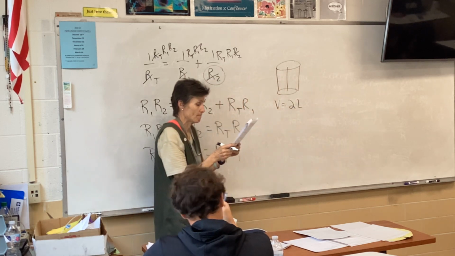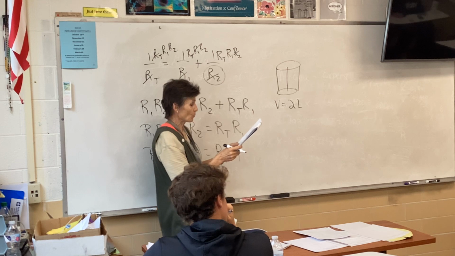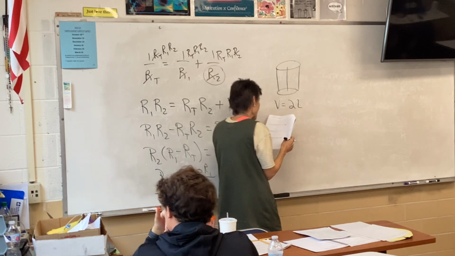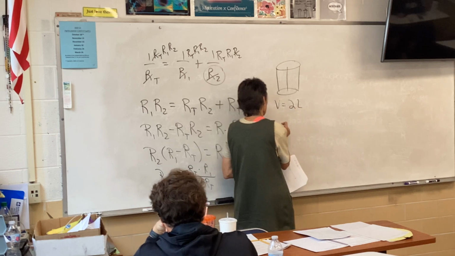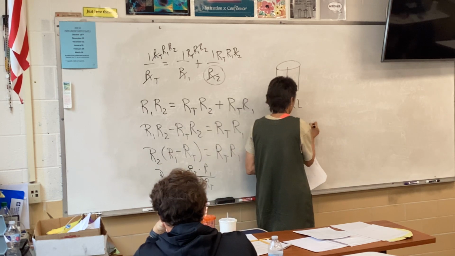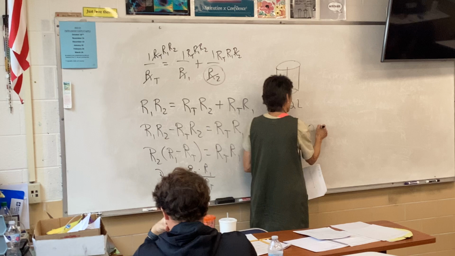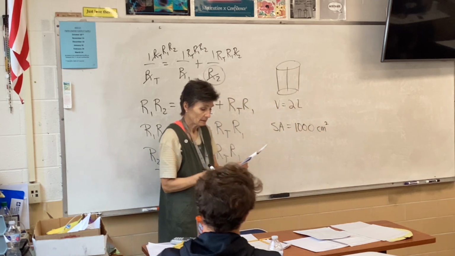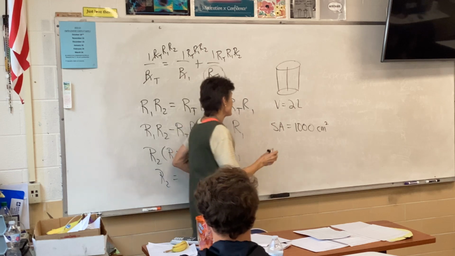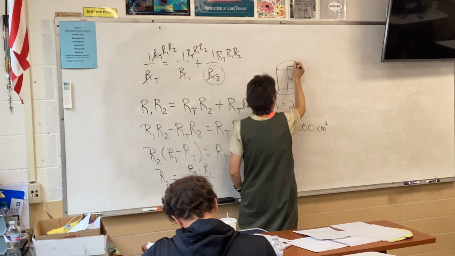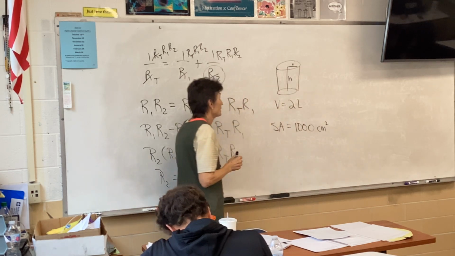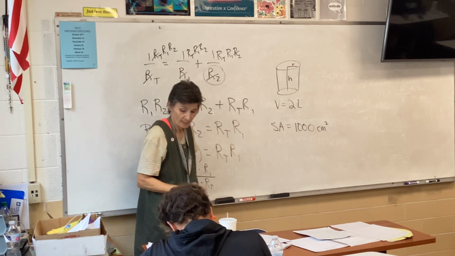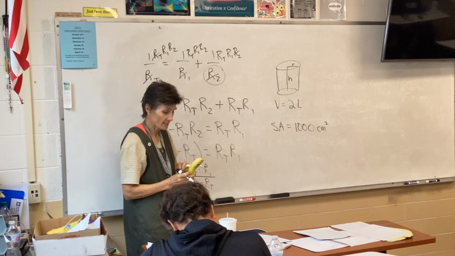Find the radius and height of the cans if the cans have a surface area of 1,000 square centimeters. Find the radius and height. Now, all right, thoughts on this? Anybody have a thought on this?